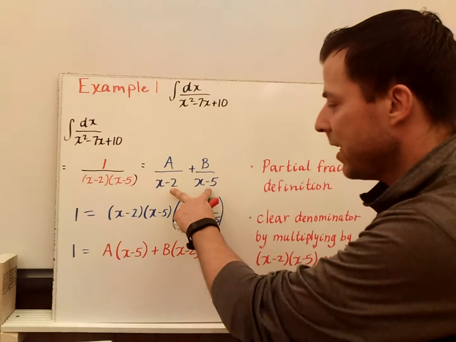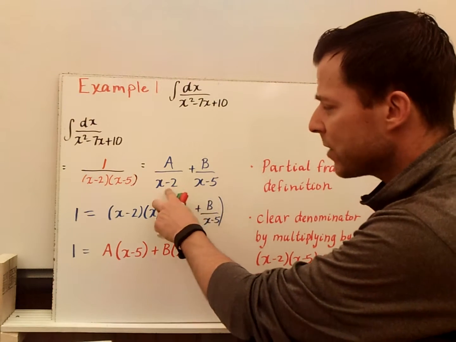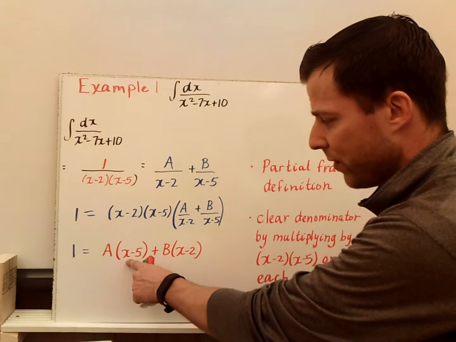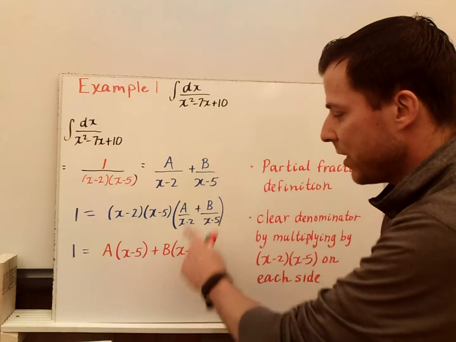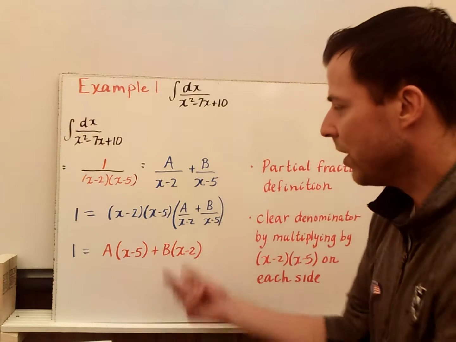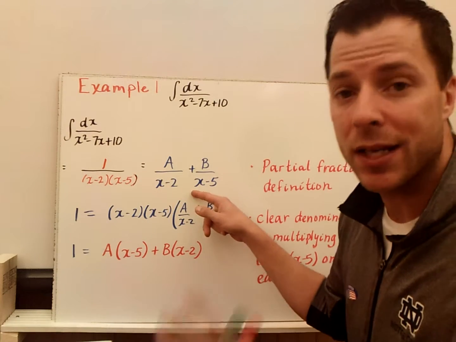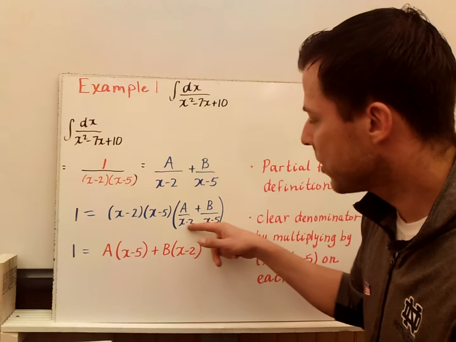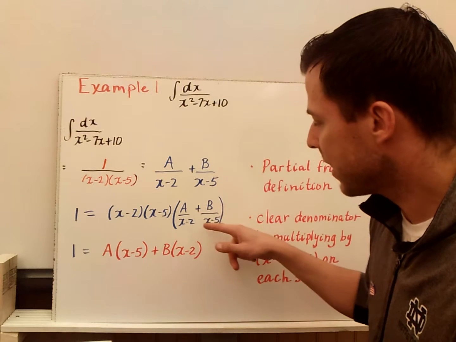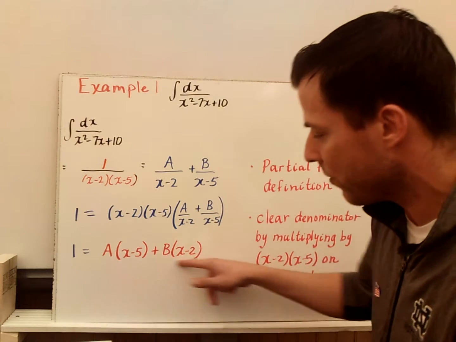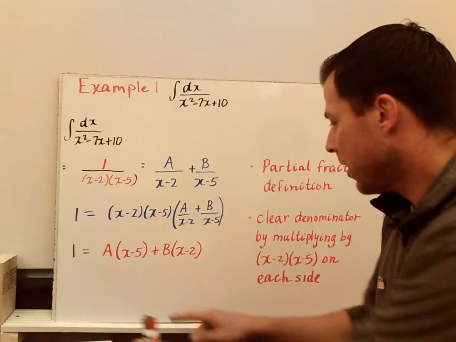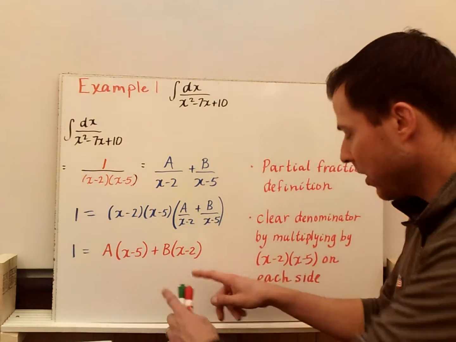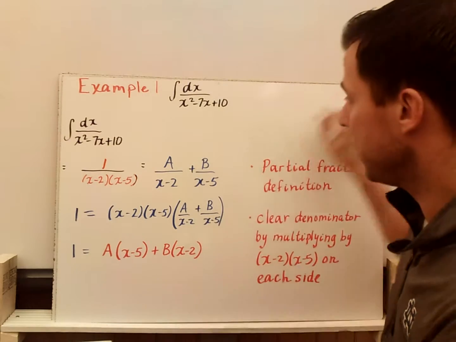On the right, the x minus 2 cancels with the A, so you're left with A times x minus 5, and B gets the x minus 2. It's like a common denominator: A times this, B times this. So I have a nice little equation here that I can use to find A and B.